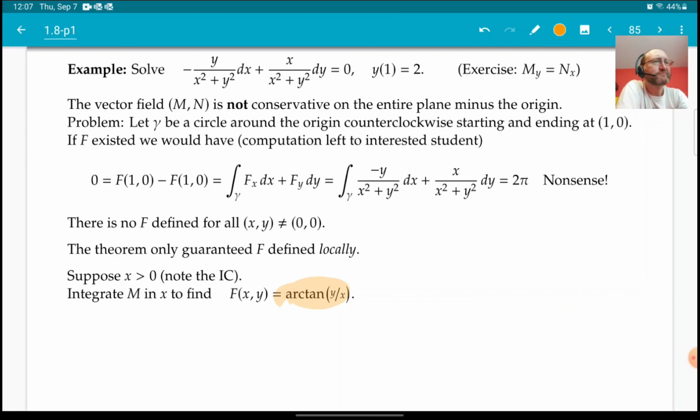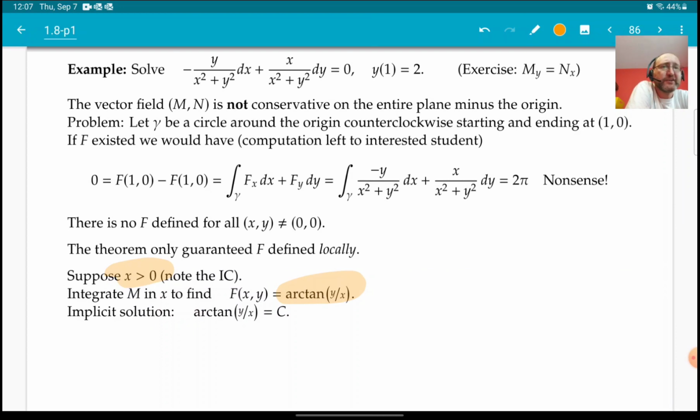Skipping a little bit, but normally you would still go through that, but let's just go on. This is what the f comes out to, right? This f actually works. And you can see this is definitely not something that's defined everywhere, right?